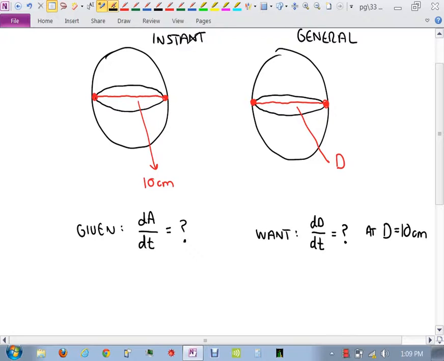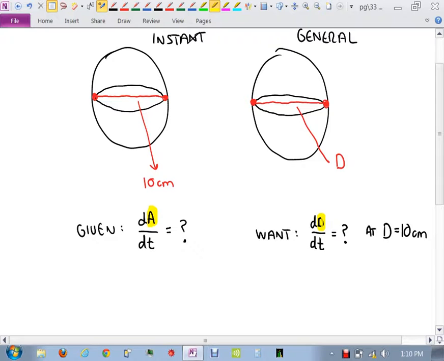What's the next thing you do after you write down what you're given, what you want, after you draw your pictures? What do you need to come up with? An equation that connects what to what? I need to connect the area to the diameter. So do we have a formula that connects the area of a sphere to its diameter?